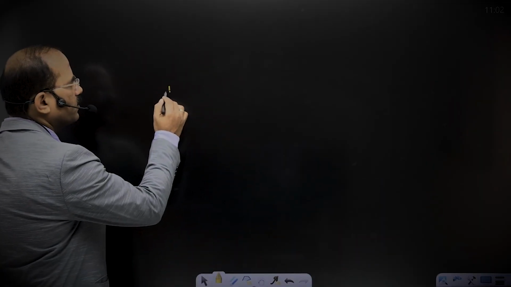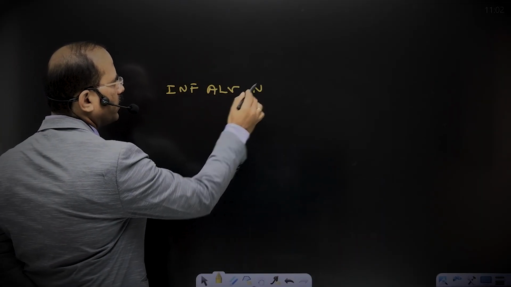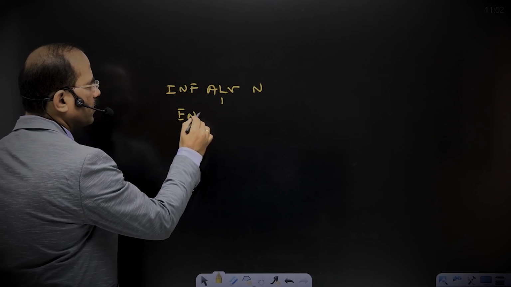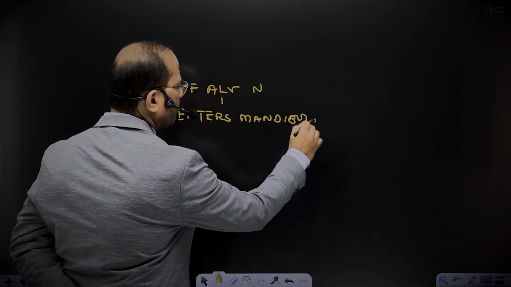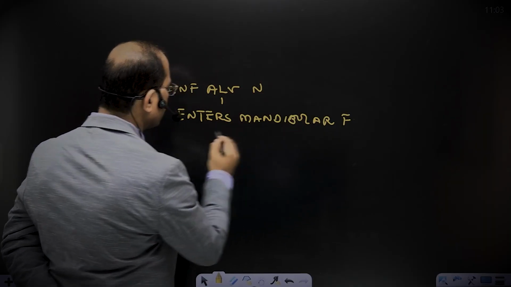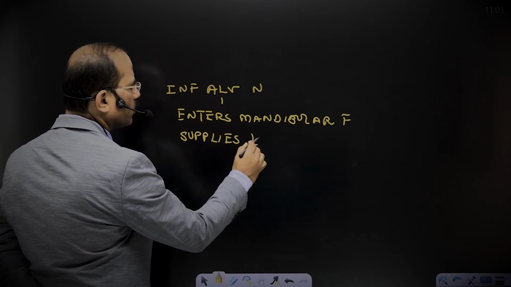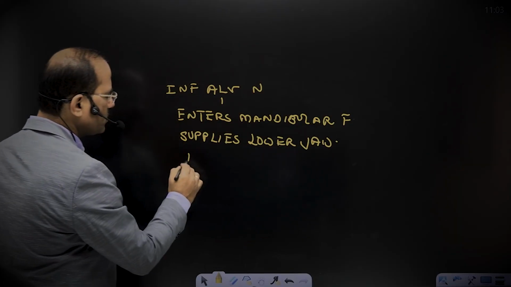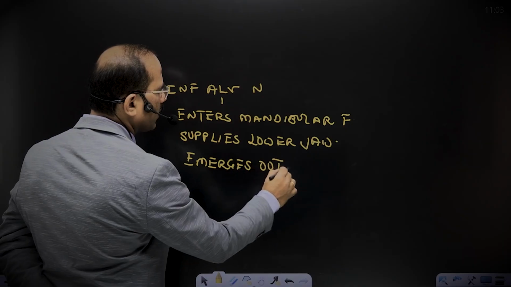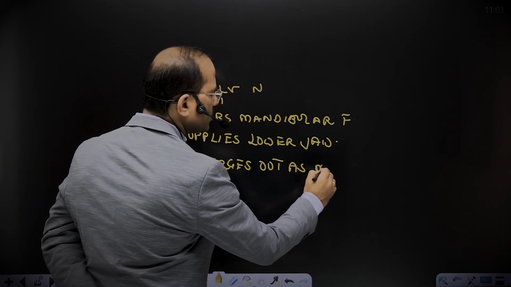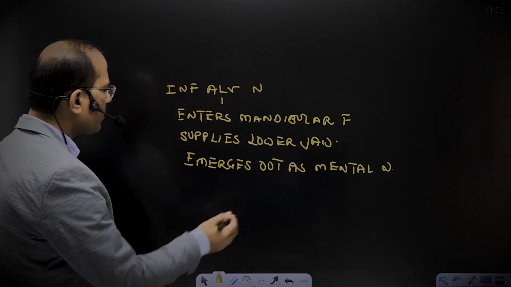So the inferior alveolar nerve enters the mandibular foramen, supplies the lower jaw, and emerges out as the mental nerve, right?